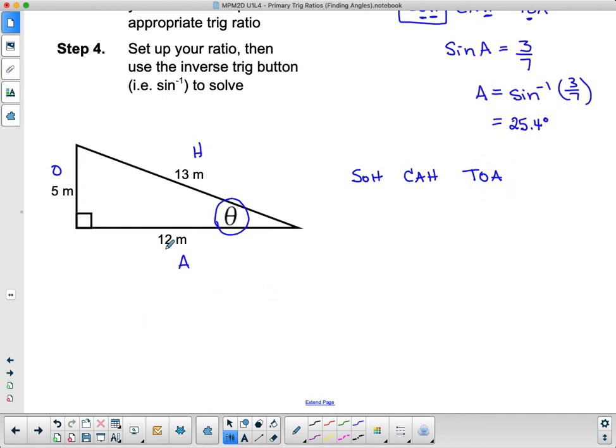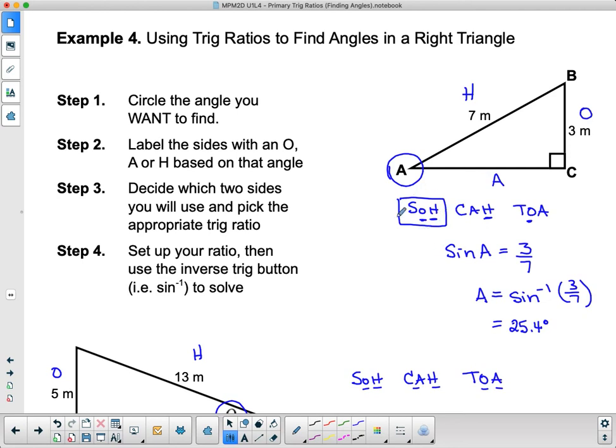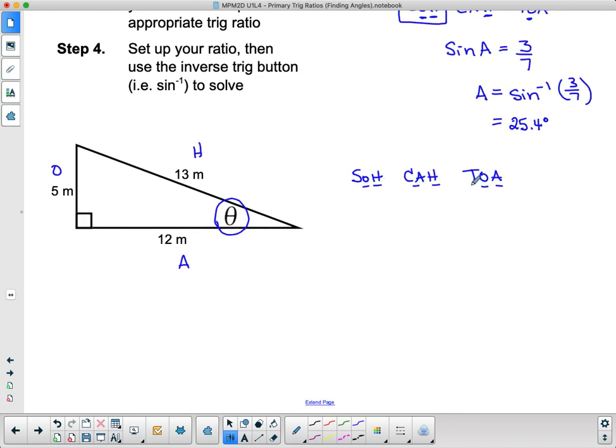Well, all of our sides have numbers on them. So opposite hypotenuse, opposite adjacent, I can use any of those. Up here, there was only one ratio that had two of them with numbers. Down here, all three of them have numbers. So we can pick whichever one we want.